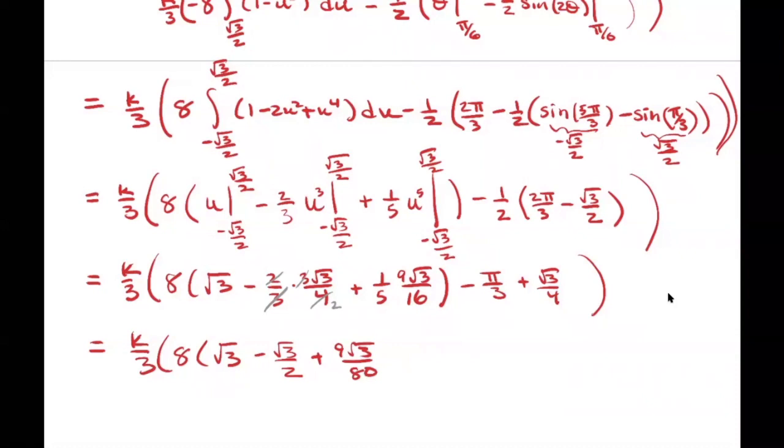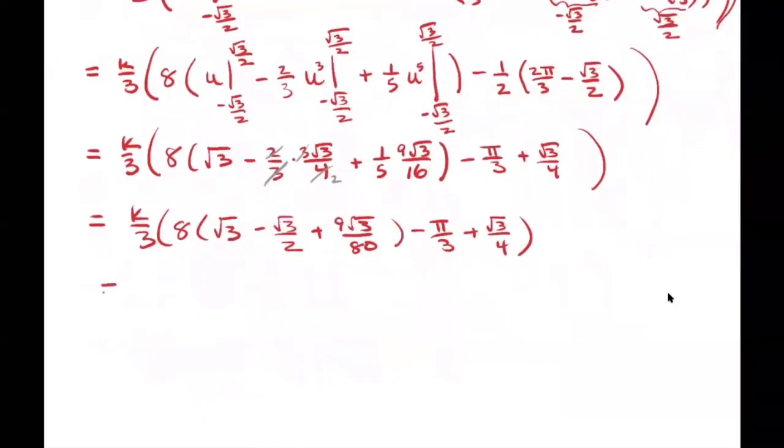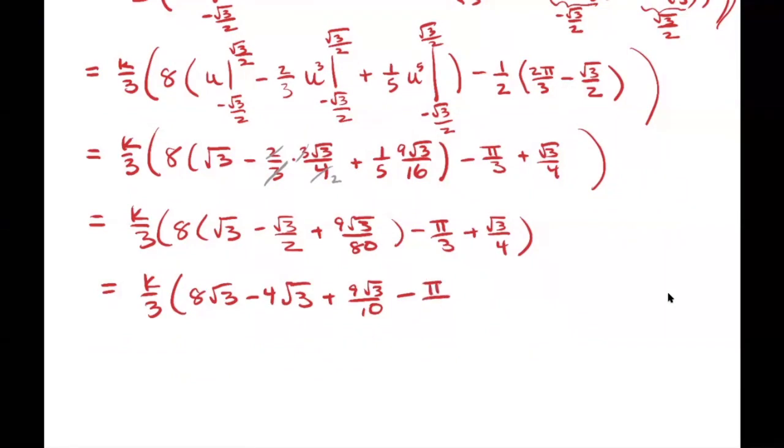Oh, the 8's going to be handy in there. So then I have a minus pi over 3, and plus root 3 over 4. Okay, we're going to pound it out now. So this is k over 3. I got 8 root 3 minus 4 root 3 plus 9 root 3 over 10 minus pi over 3 plus root 3 over 4.